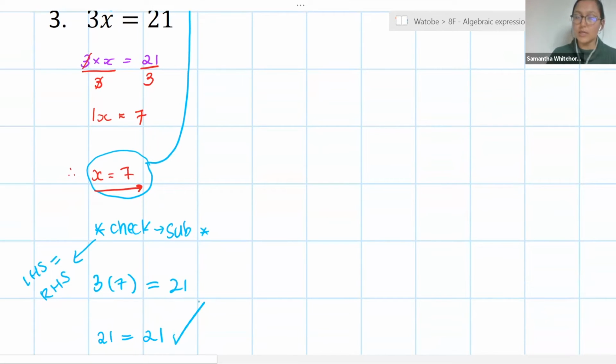And so my answer of x equals 7 is right. And so you know then you've done it correctly. And this is why it's so nice and why we must check. If you don't get that your equation is equal on both sides, you know you've done something wrong, and you can go back into your working out and try and figure out where you went wrong. Okay, so remember, check your answers.